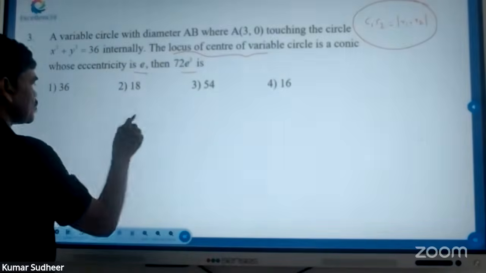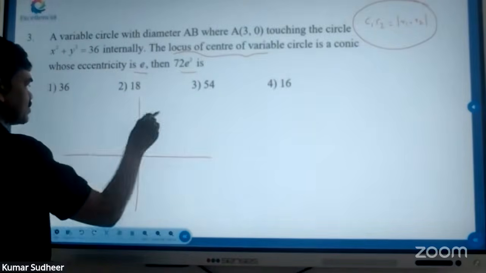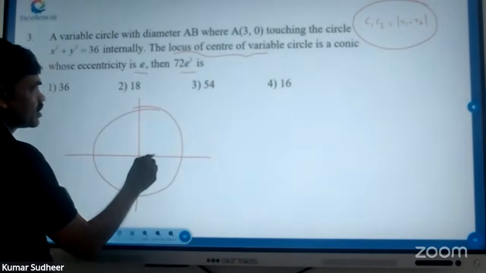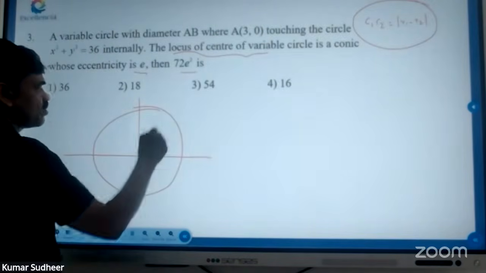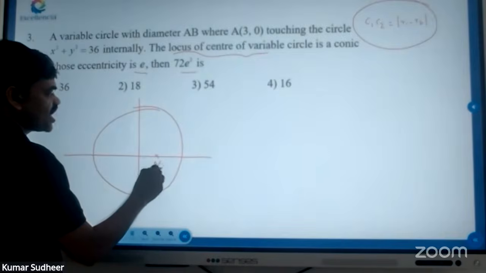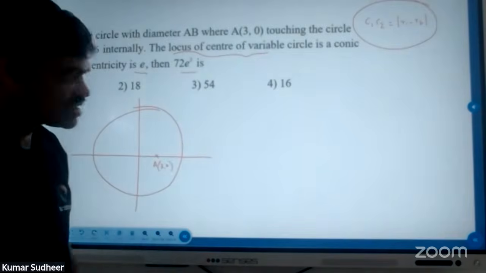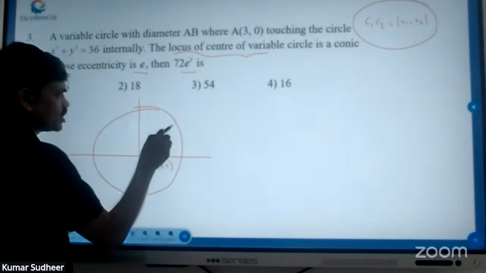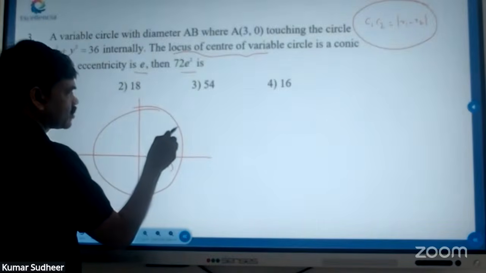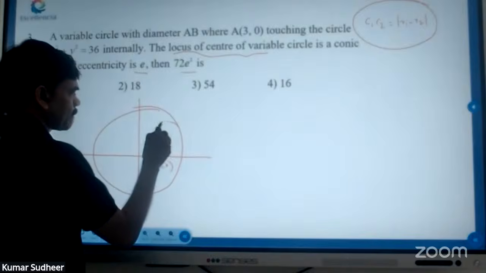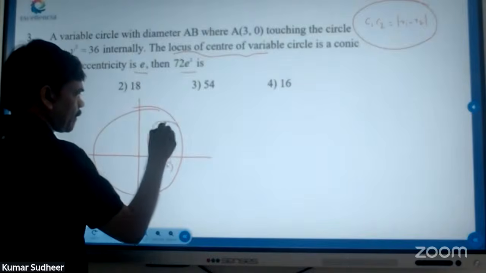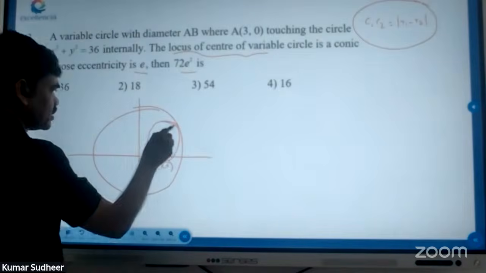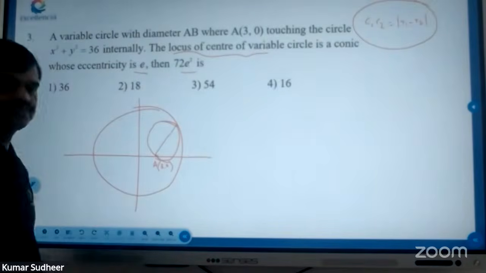We have a circle x squared plus y squared equal to 36. I have taken the circle. Another circle we have is given with diameter AB, where A is (3, 0). So, and it touches it. What I'm going to do here is take a circle like this, and it has a diameter.